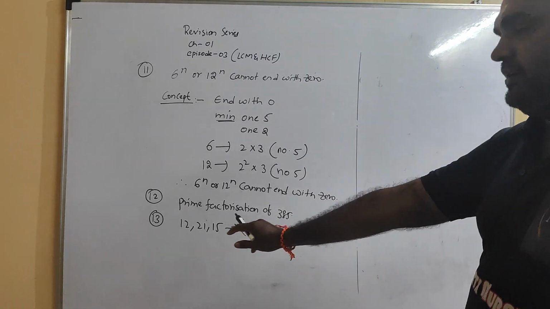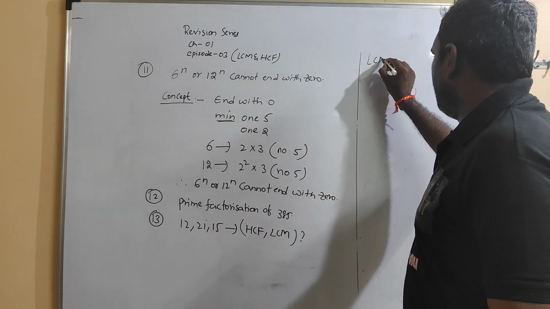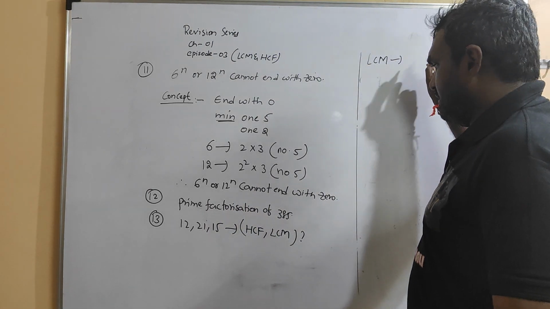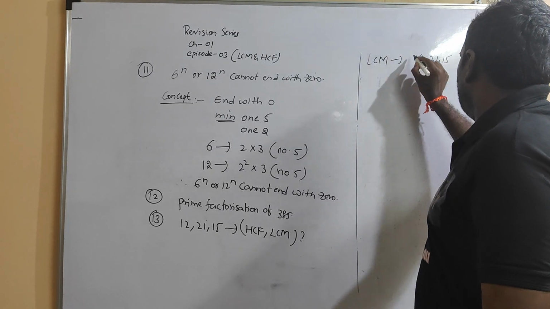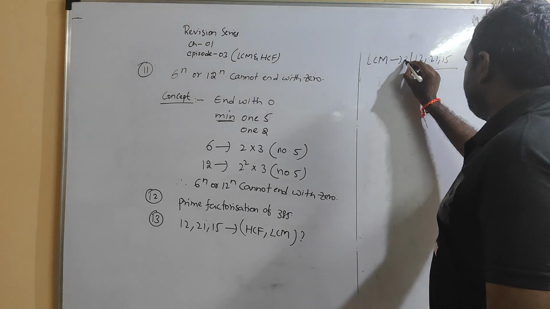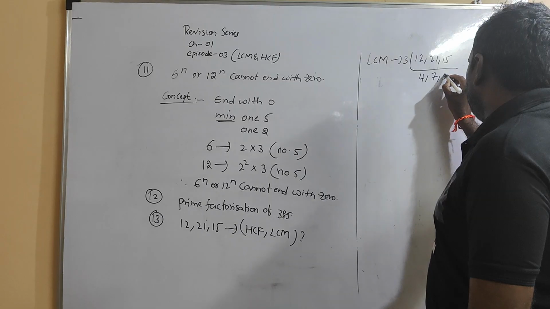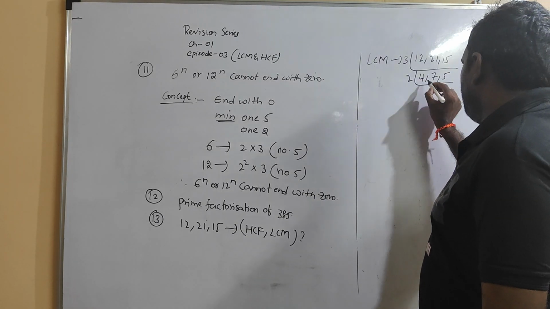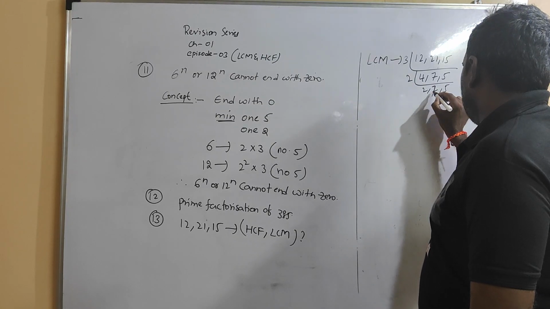See, LCM you will do by the cake cutting method. You write 12, 21, 15 this way. 3 table: 3 4s are 12, 3 7s are 21, 3 5s are 15. Then 2 table: 2, 7, 7, 5.